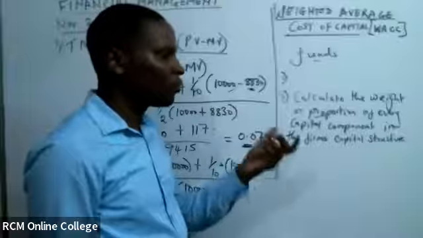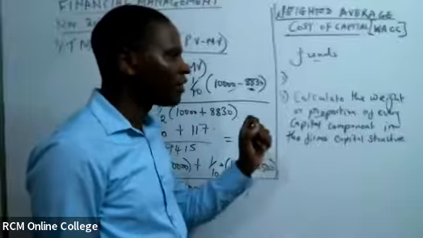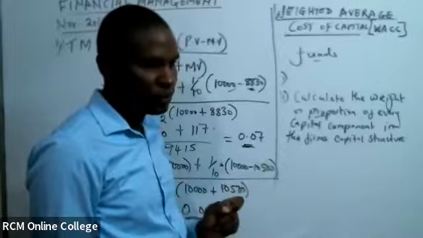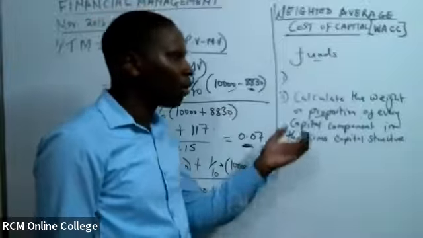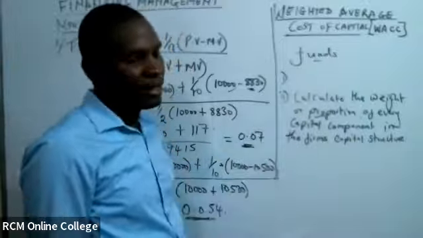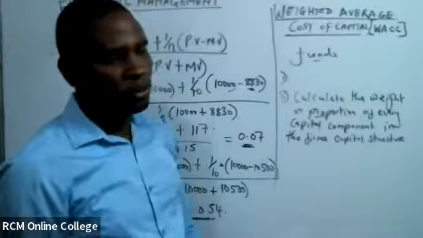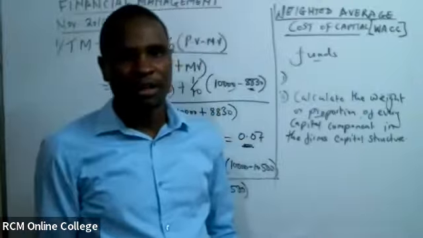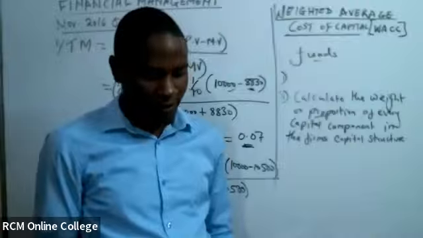And there are some reasons why we use the market value, and that comes as a question. What are some of the reasons why we use the market value when calculating what? The weight.